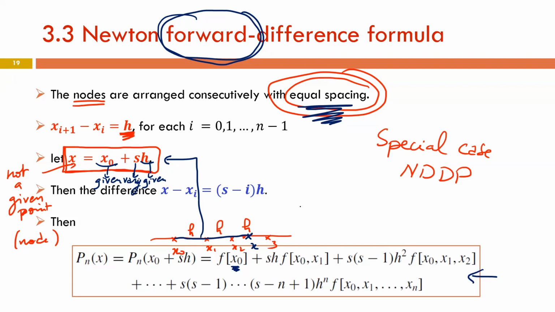الفورمولا ايش كانت؟ كانت Pn: f[x0] plus the first order f[x0, x1] times (x minus x0).